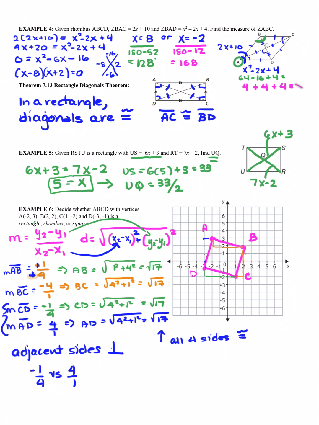So this is a quadrilateral with four congruent sides and four congruent angles. That tells me it's a square because I have all four sides congruent and the consecutive sides are perpendicular.